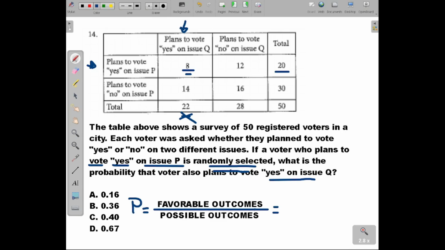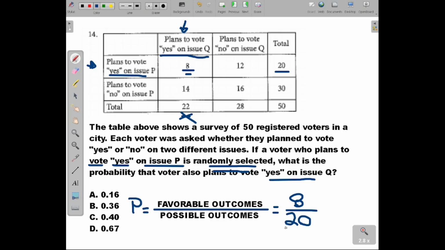In this case, the favorable outcomes is the voter who plans to vote yes on issue P and also wants to vote yes on issue Q. So it's 8 divided by, and the number of possible outcomes is the total of the voters who plan to vote yes on issue P, which is 20.